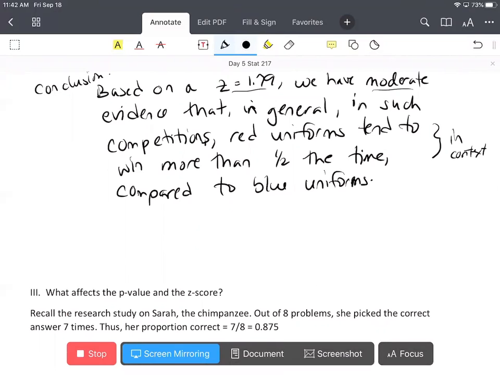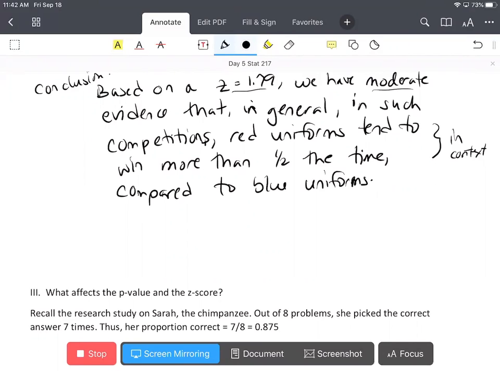If you don't, people can draw some really, let's go with interesting conclusions. So I'm saying in such competitions, red uniforms tend to win more than half the time compared to blue uniforms. Can we say anything about red compared to black uniforms or brown uniforms or purple uniforms? No, we looked at blue uniforms. Can we talk about team sports?